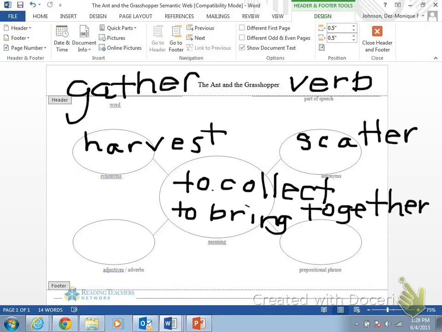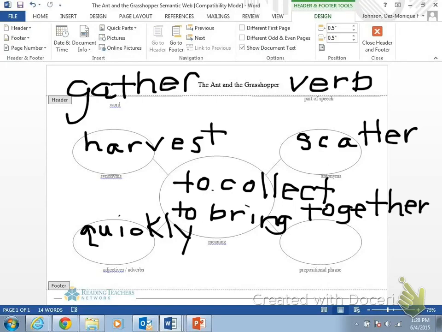Were they doing it in a continuous way? Were they moving all the time? Okay, so for an adverb for gather, I'm going to use quickly. So the ants were gathering quickly. Now you think of an adverb that you can add to the bubble.